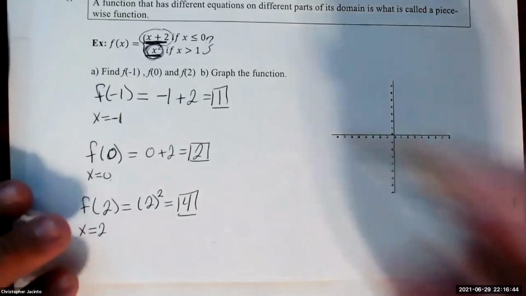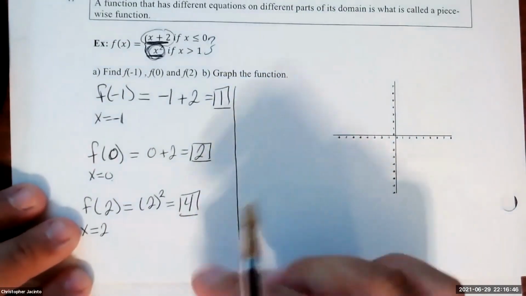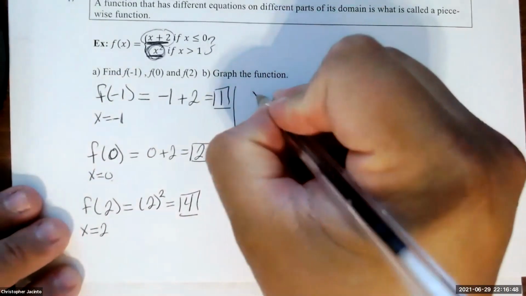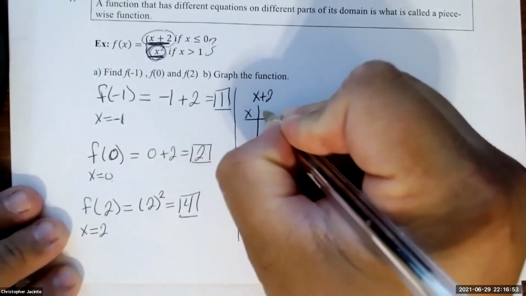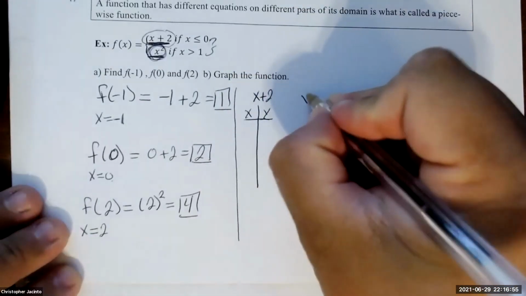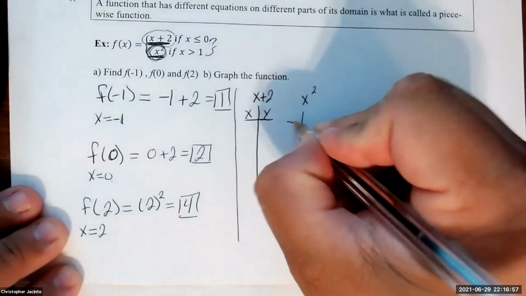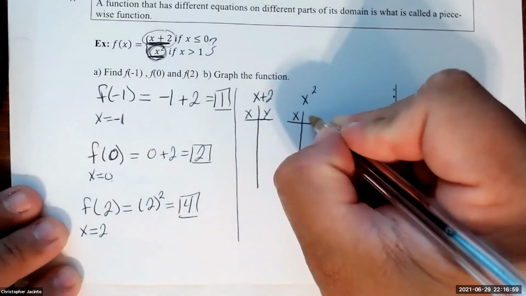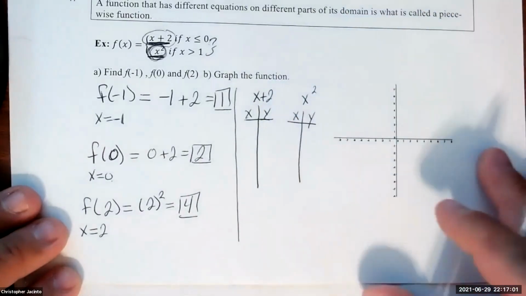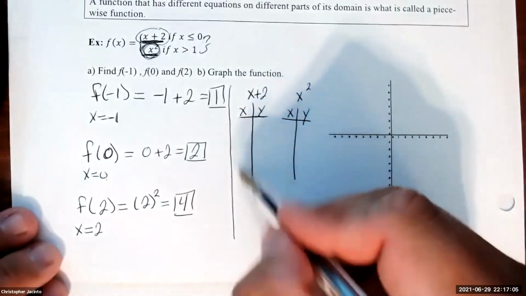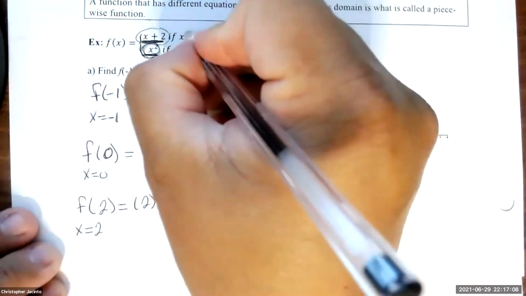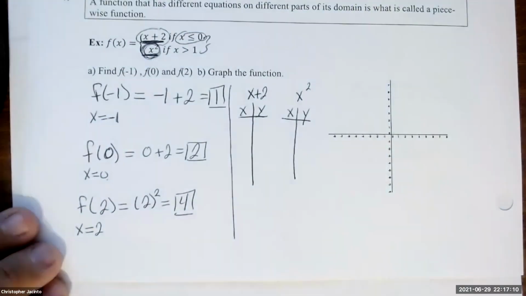Okay. So now the graphing part is a little difficult. I just want to show you how this is going to be graphed. Again, we're just going to plug it in using a t-table, using the values we have here.